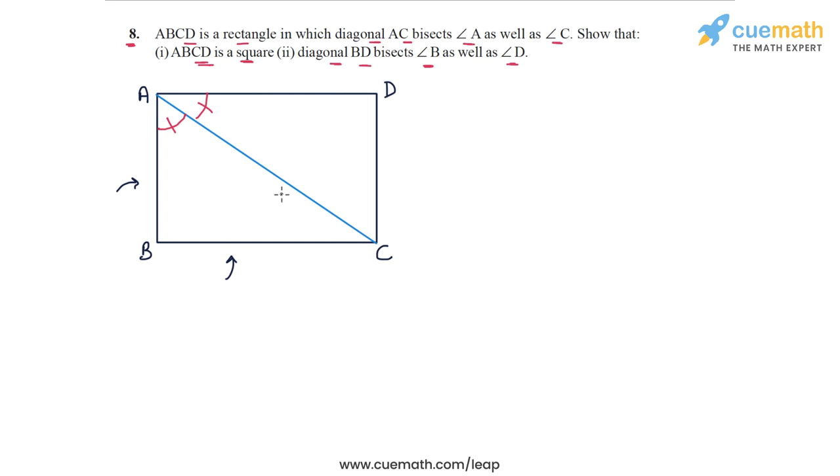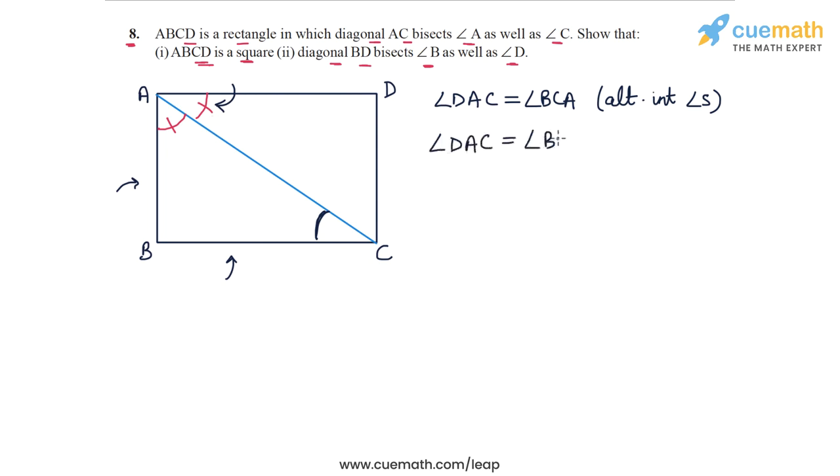So first, let's compare the angle DAC and this angle here, which is angle BCA. So we can say that angle DAC must be equal to angle BCA, because these two angles are alternate interior angles. But we are also told that angle DAC is equal to angle BAC.